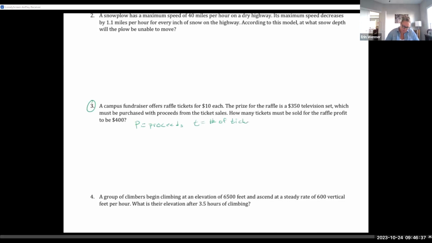I'm going to say that the proceeds are equal to the $10 per ticket, but we have to subtract off the cost for the television set, which is $350, because we're reducing our proceeds by that $350 because we have to use them.